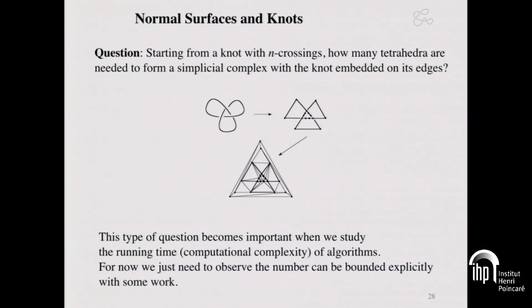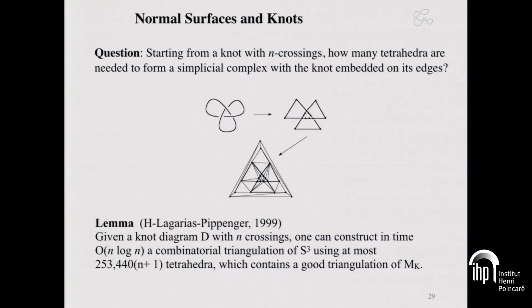The estimate that we gave, which becomes important for complexity purposes, showed that you could do this in n log n time, and you wound up with 253,440 times n plus 1 tetrahedra. So the trefoil required over 750,000 tetrahedra by this process.